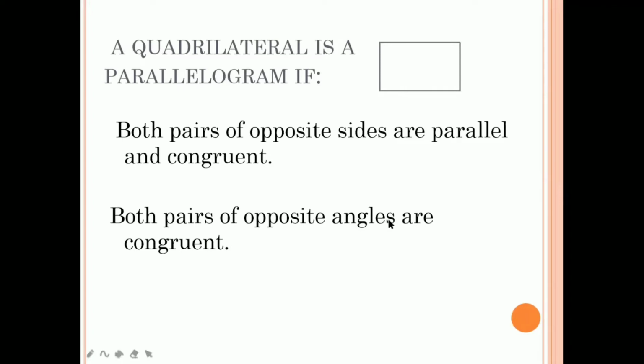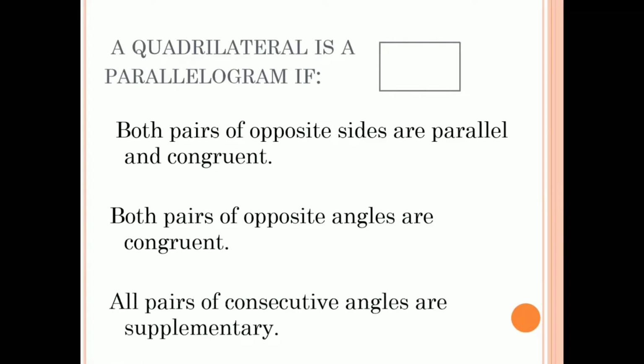Then both pairs of opposite angles are congruent. Again, these opposite sides are parallel and they are also congruent. Opposite angles are also congruent.